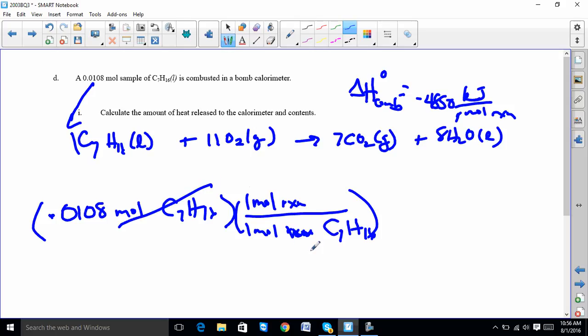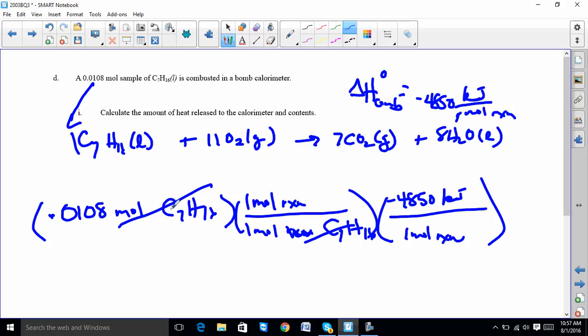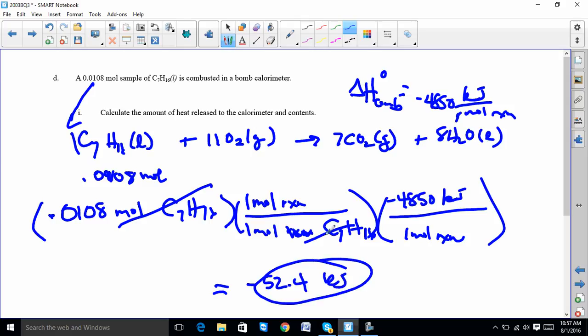So this cancels this, and then we know that for 1 mole RXN, reaction as written, it's negative 4850 kilojoules. Remember now, stoichiometric problems are always 4 steps unless they give you moles. Well, then you don't need a step to convert grams to moles or kilojoules to moles, and so it ends up being 3 steps. And if you do that on your calculator, this has 3 sig figs and this has 3 sig figs, you should get negative 52.4 kilojoules. And that's it.